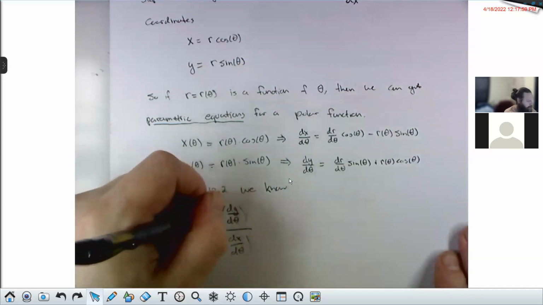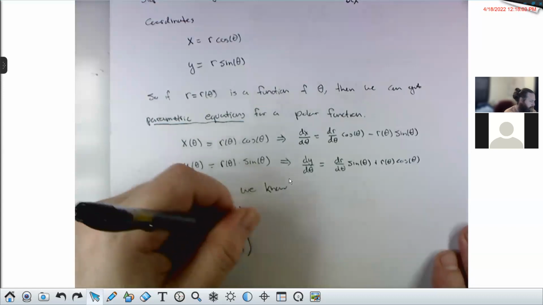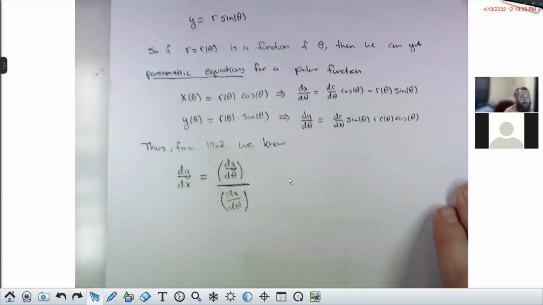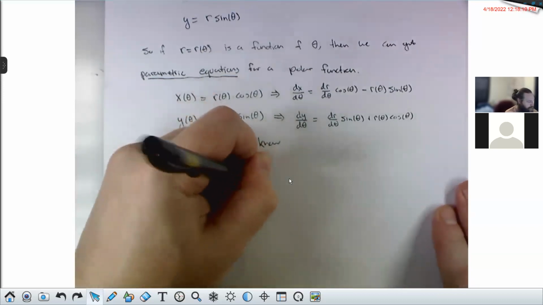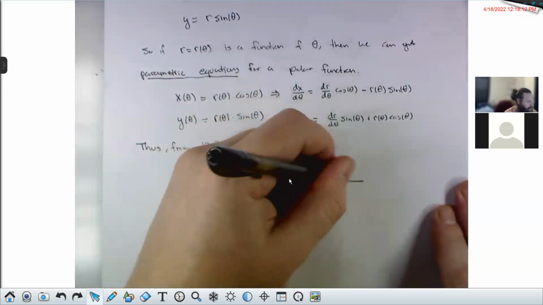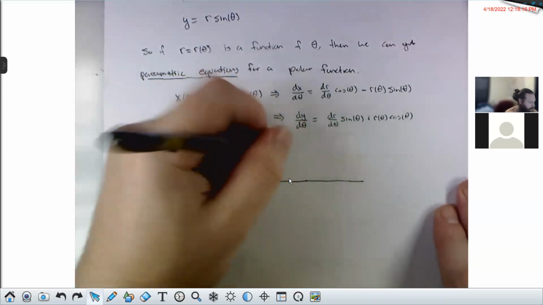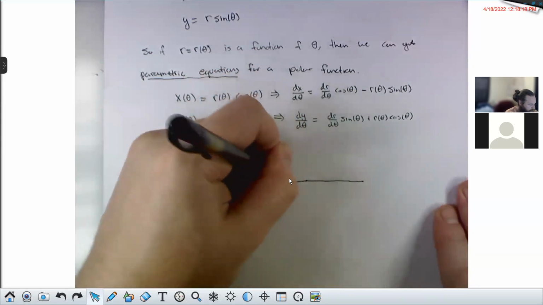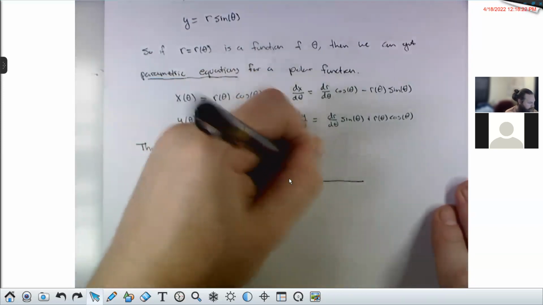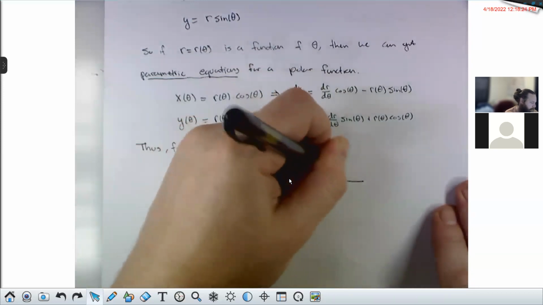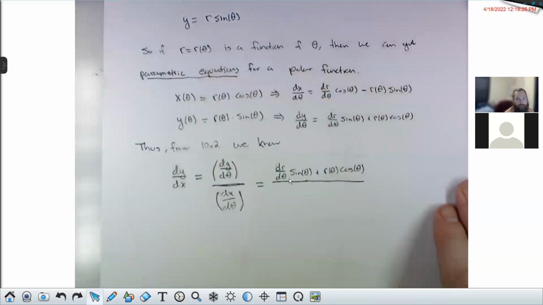So if I take those and plug them into the recipe we get from thinking about these as parametric equations, dy d theta upstairs, so I have a big fraction. The numerator here, dy d theta, is dr d theta times sine theta plus r of theta times cos theta.